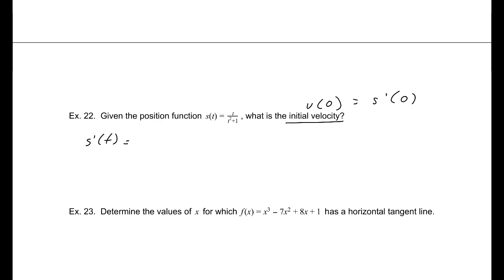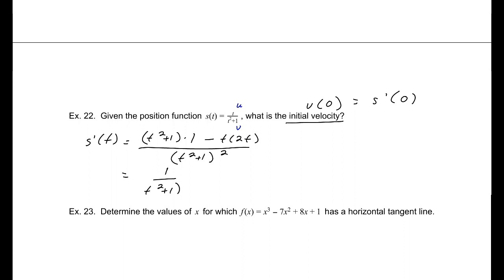S prime of t, well, if we have our u and our v, low d high, t squared plus 1 times 1 minus high d low, t times 2t over low low, t squared plus 1 squared. So that would be 1 over t squared plus 1 squared.